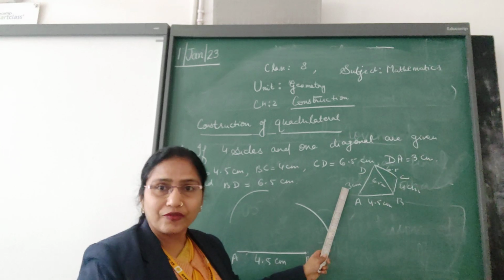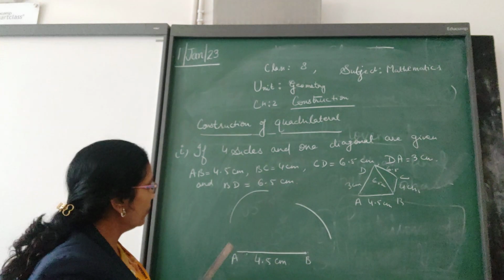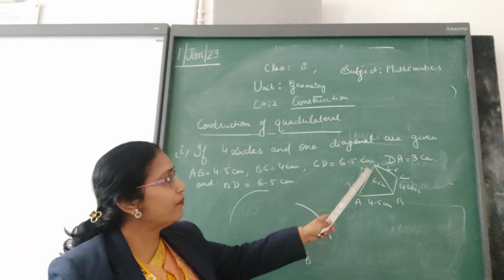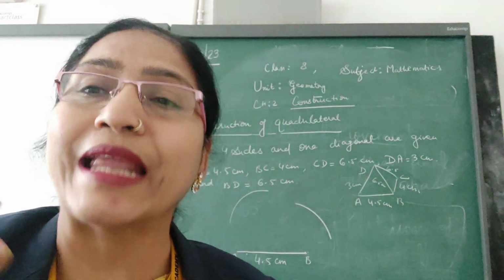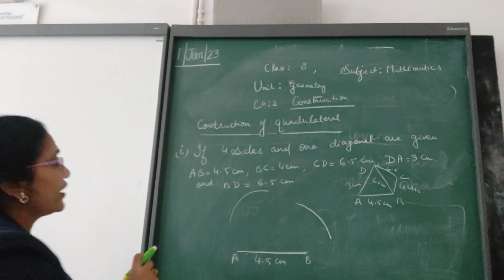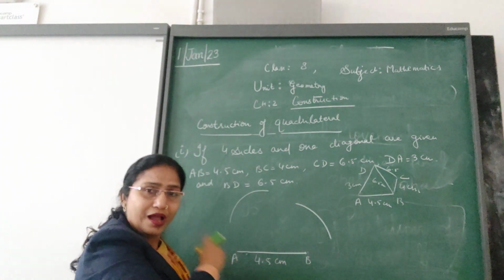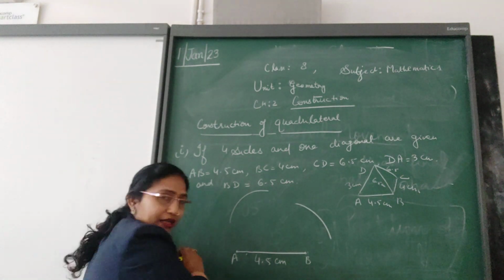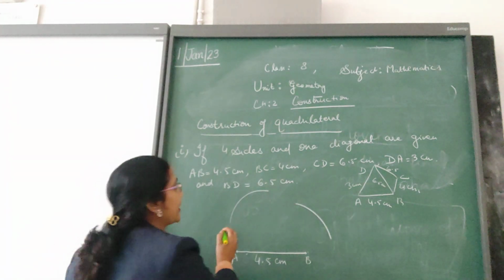Now, length AD is given, 3 centimeter. What we have to do is take A as a center and draw the radius of 3 centimeter from the A. So A as a center, you put the needle of the compass here and draw the 3 centimeter arc.